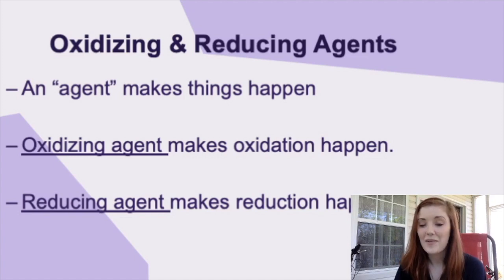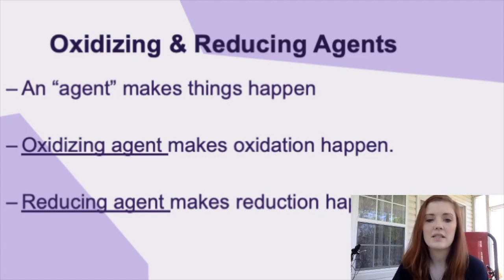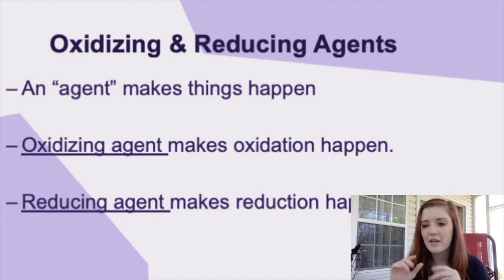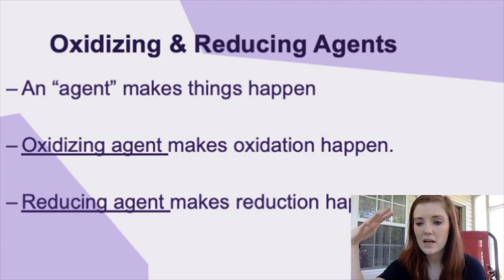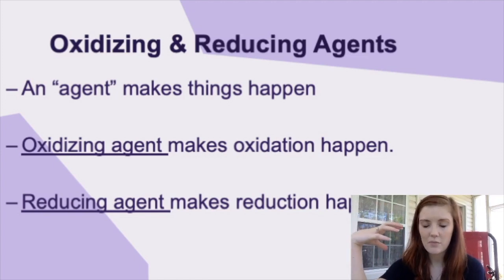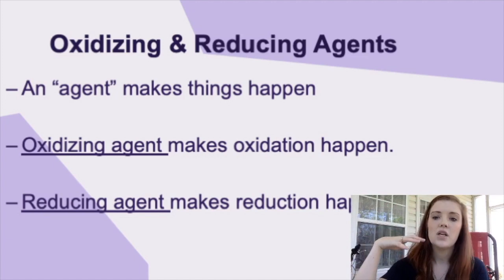Be sure you have those two things completely figured out in your brain, because now we're going to get a little bit deeper into it. Before we can balance redox reactions and use oxidation numbers, we have to talk about a couple more things. One is what's called oxidizing and reducing agents.